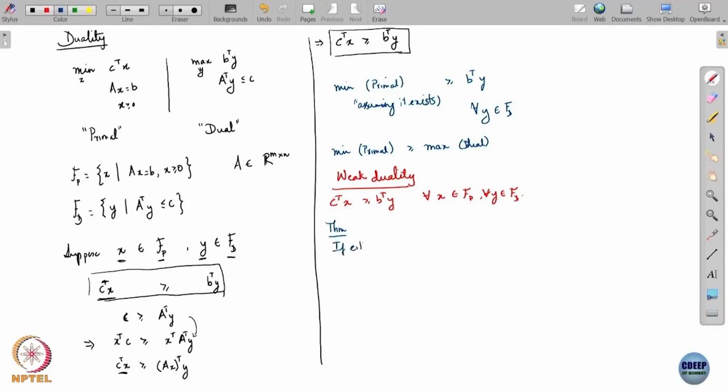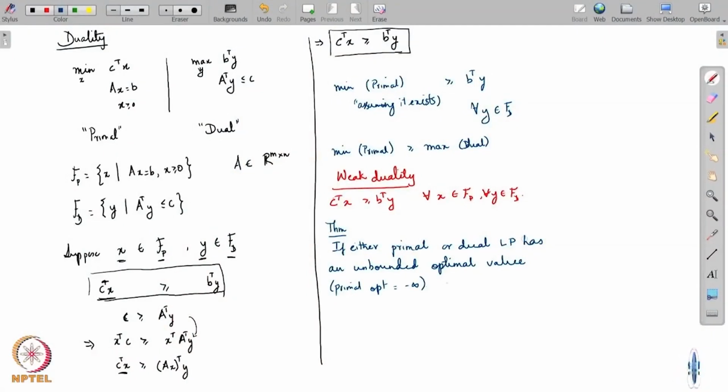If either primal or dual LP has an unbounded optimal value, that means, since we are looking to minimize the primal, the primal optimal value is minus infinity, or since we are looking to maximize the dual, the dual optimal value is plus infinity.